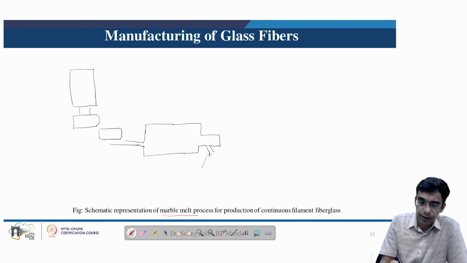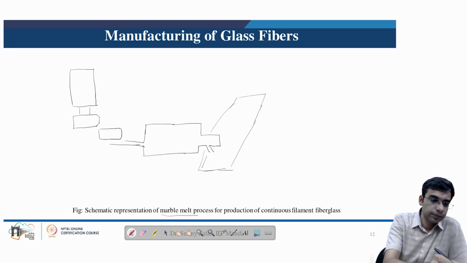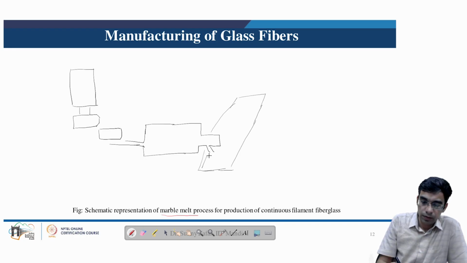And after the refining, as the refining is taking place, the molten glass is solidifying in the form of marbles here. These marbles are reduced upon solidification.